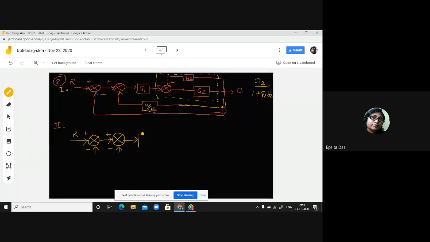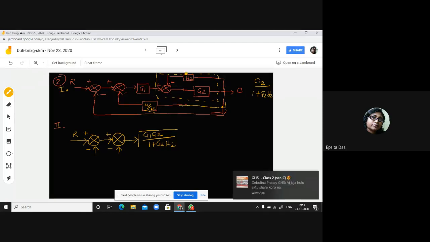This is my G1, and if I open this part, this transfer function will come, and G1 is in series with the whole transfer function. So multiplying both of them, this is basically G1G2 by 1 plus G2 into H2, because if I open this summer, this block will be in series with G1.